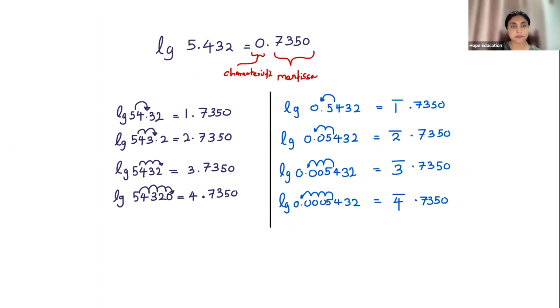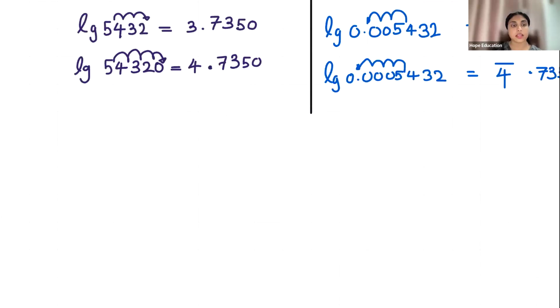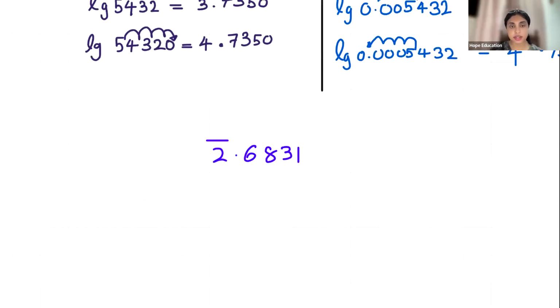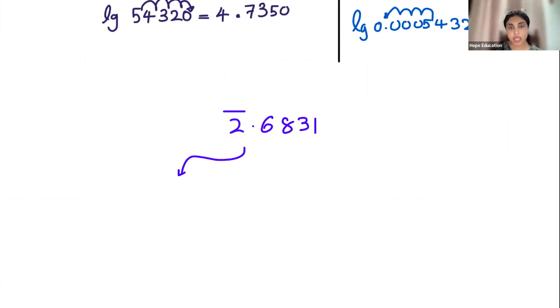Don't write yet. Let's say you got something like bar 2.6831. The characteristic of this is -2, and the mantissa is 0.6831. Since there's no number before the point, I will put 0.